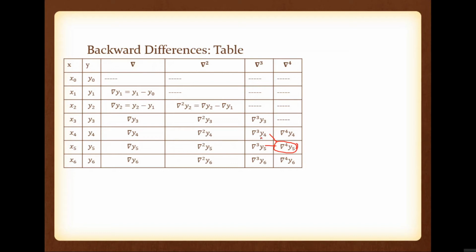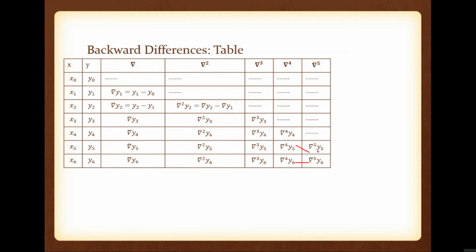Okay. So similarly, you can find del raised to 5. So here as we have 7 data, del raised to 5 column has 2 data only, that is, 5 data are absent. So this is del raised to 5 y6, that is del raised to 4 y6 minus del raised to 4 y5.